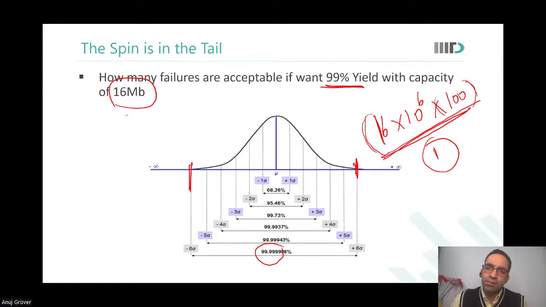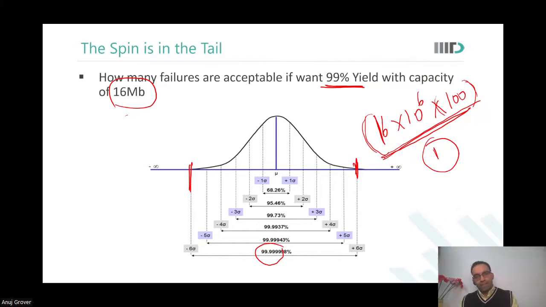So if 99.73% is the pass rate for that design, how many cells on that one chip will fail?